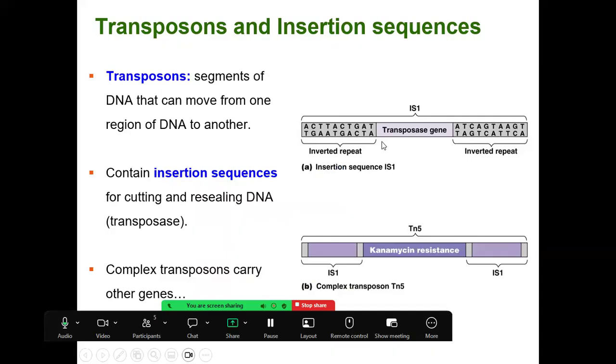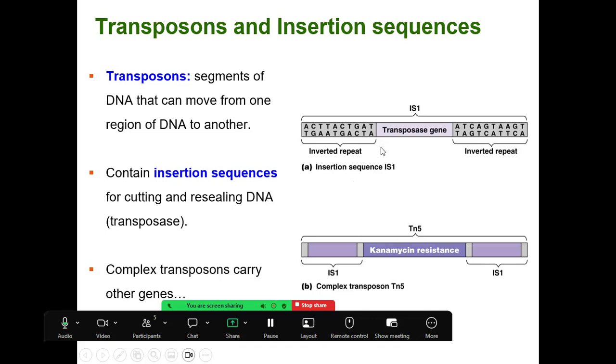It also has inverted repeats on both ends. It's thought the inverted repeats help the DNA insert and exert from the chromosome.